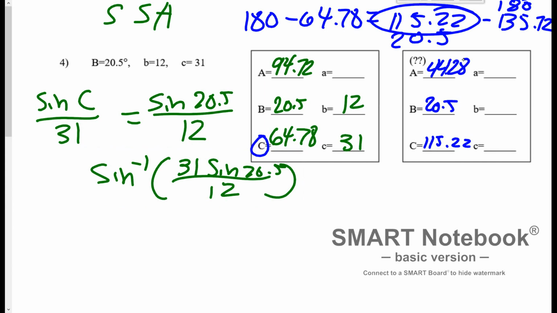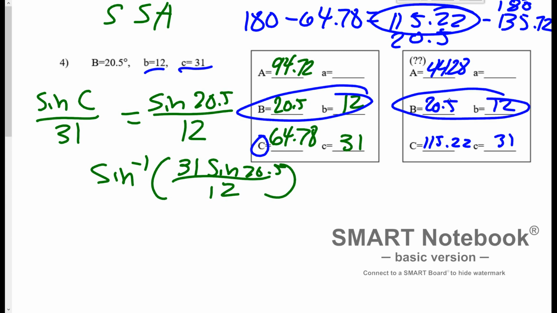So how you know you have a second triangle is this always adds up to 180, right? You can't have a negative angle. So if this is negative, then you're not going to have it. All right, so then I can find my original sides that I was given. Those are the same ones that I was given here. Okay, so you notice that this part's the same as this part.